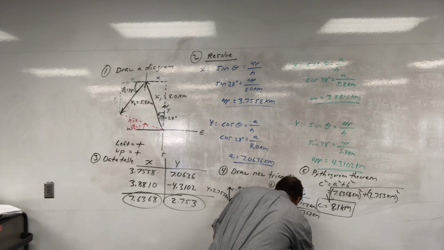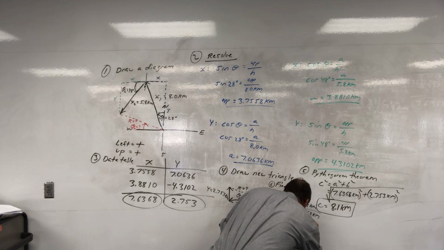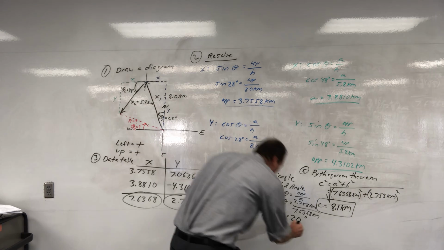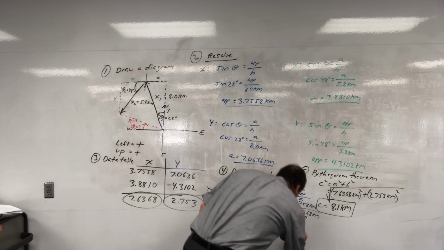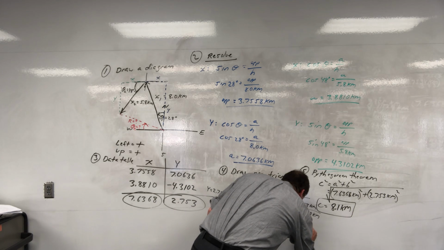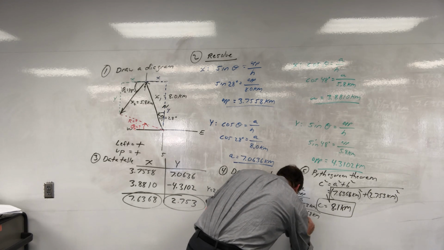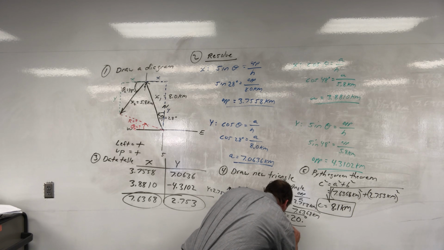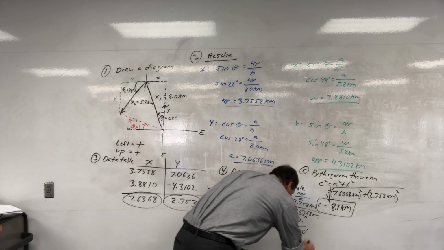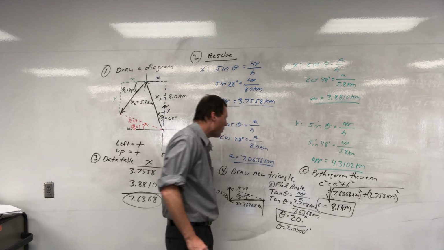I'm going to get 20 degrees. But right now that 0 is not significant, so I'm going to put a decimal point there to make it significant. So 20. degrees. I could also write that as 2.0 times 10 to the first degrees. I could write it that way too.